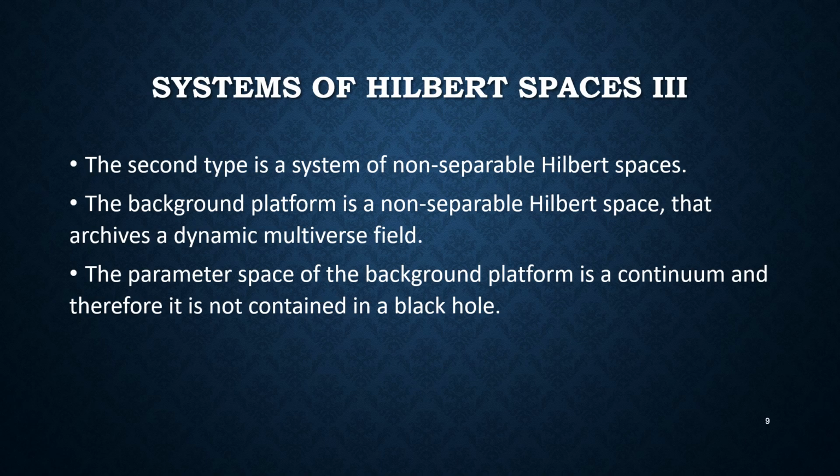The second type is a system of non-separable Hilbert spaces. The background platform is a non-separable Hilbert space that archives a dynamic multiverse field. The parameter space of the background platform is a continuum and therefore it is not contained in a black hole.